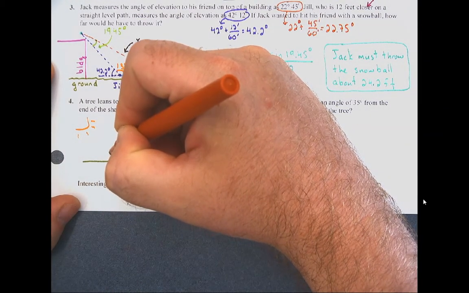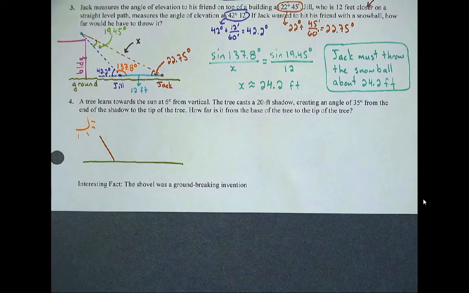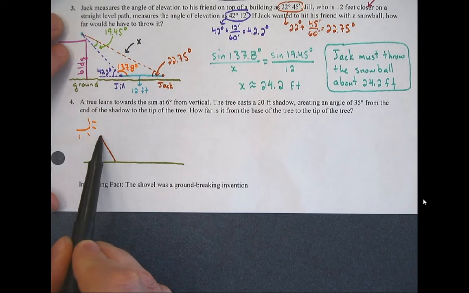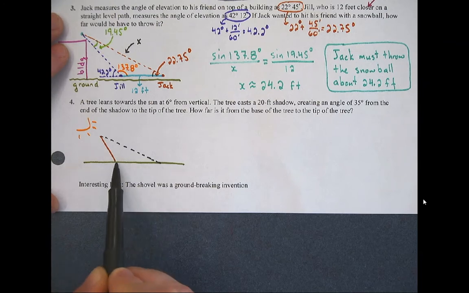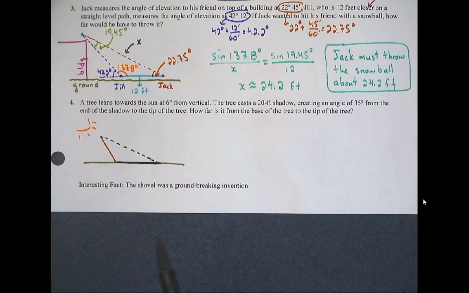The tree is leaning towards the sun. Now, the sun hits the tip of the tree, and then it carries down to this spot here, and it creates a shadow along the ground.